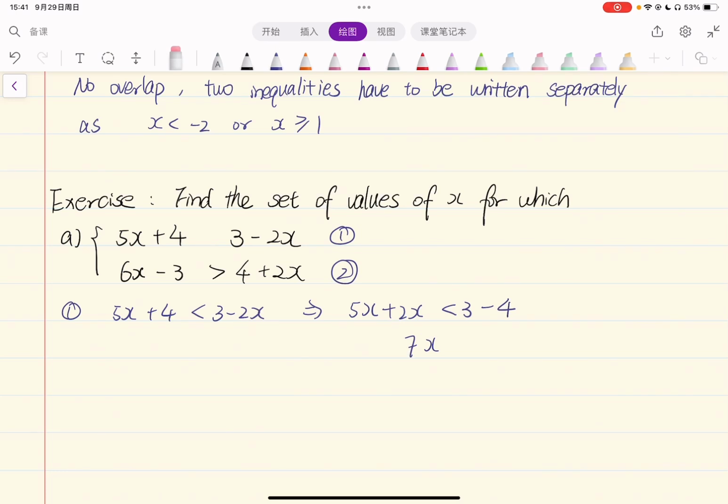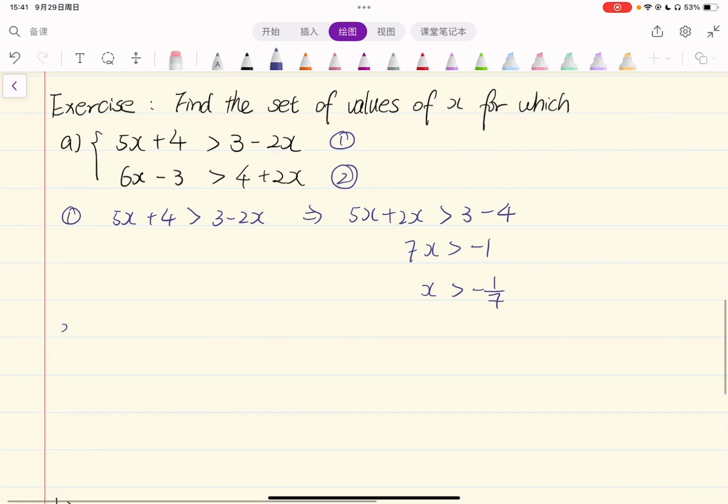Sorry, I wrote the wrong question, it should be greater than. Sorry for that, my mistake. So this also becomes greater than, and greater than minus 1. So x greater than minus 1 over 7.